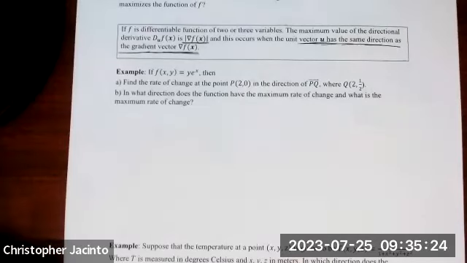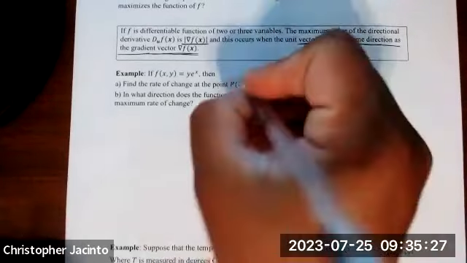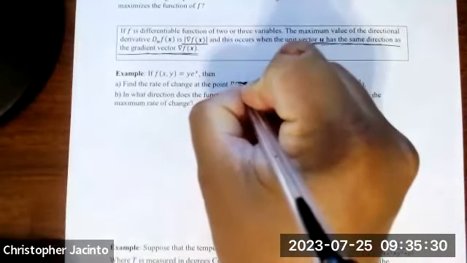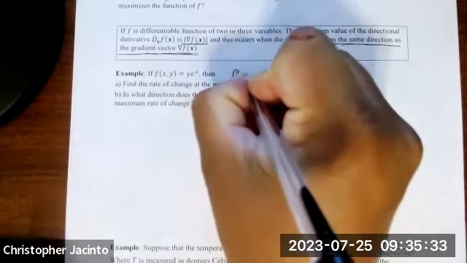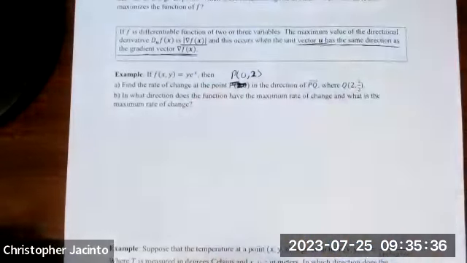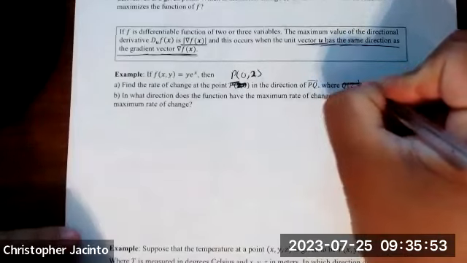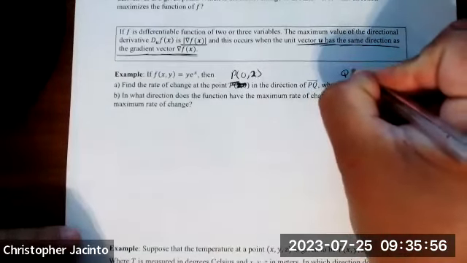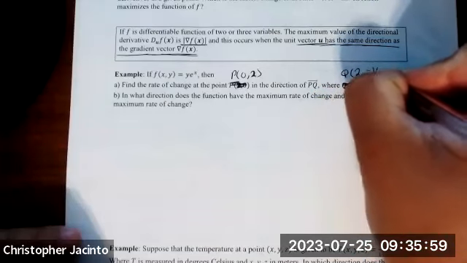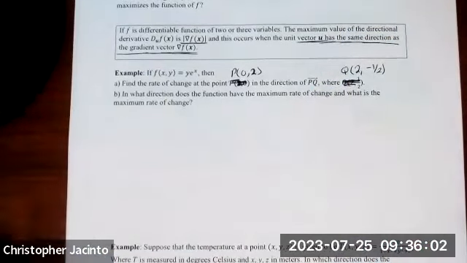All right, so let's try this question out. I'm going to change this up a little bit. Given our function f(x, y) = y e^x, we want to find the rate of change at the point P(0, 2) in the direction of PQ, where, and I'm going to change this up again, Q is the point (2, -1/2).